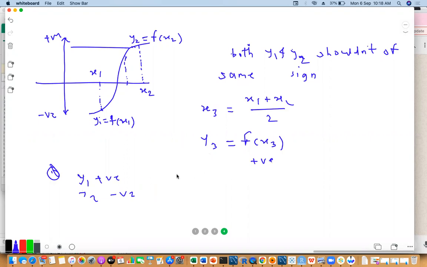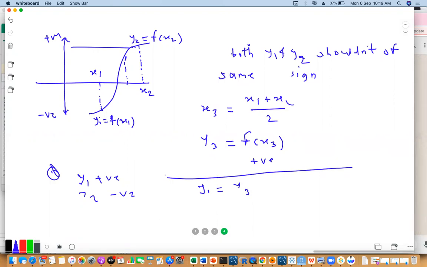Now for the next iteration, we want y1 and y2 such that both of them are of opposite sign, right? So here we have positive, here negative. If the newer value is positive, then we will replace the original positive value. So now the new y1 is the new positive, y3.